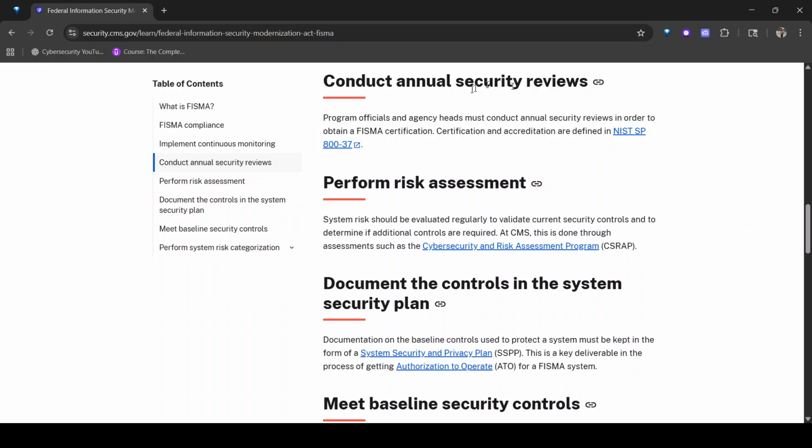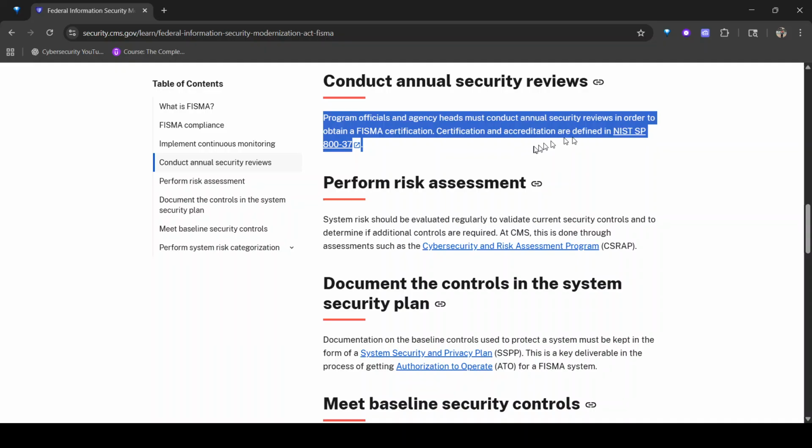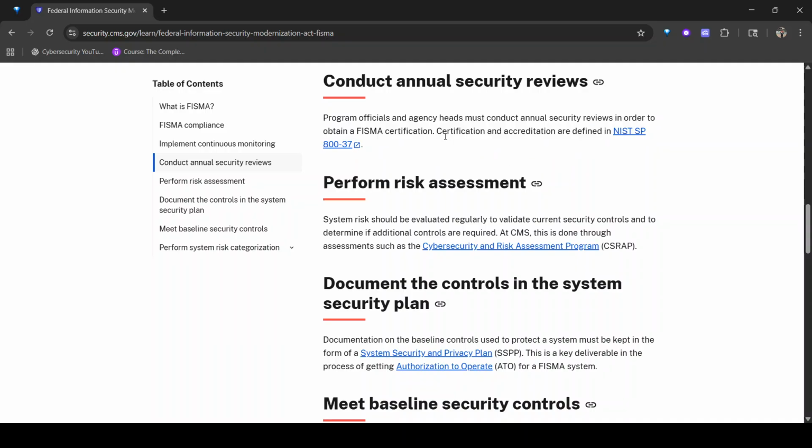Conduct annual security reviews. Program officials and agency heads must conduct these annual security reviews in order to obtain a FISMA certification. So this is one of the few things that has a certification. The other one we went over, the ISO 27001, I believe it was.